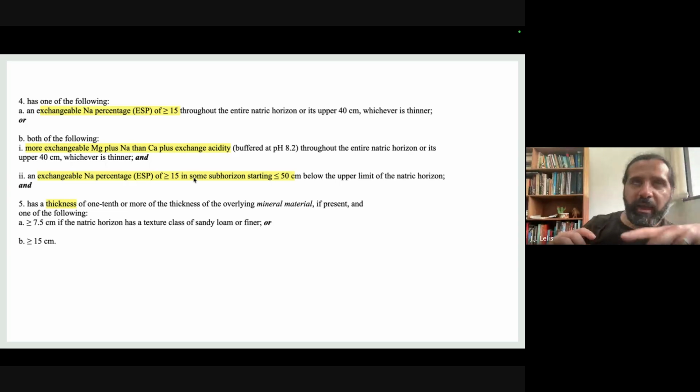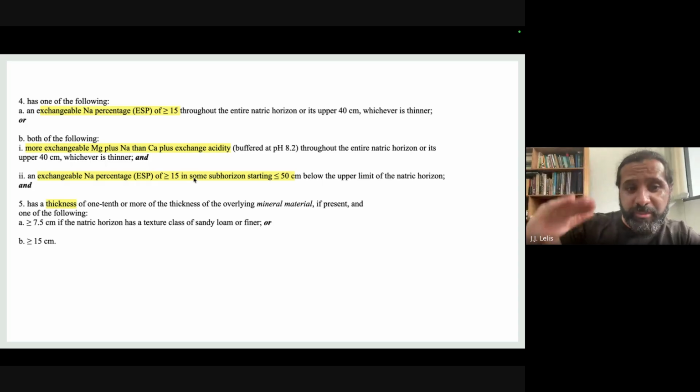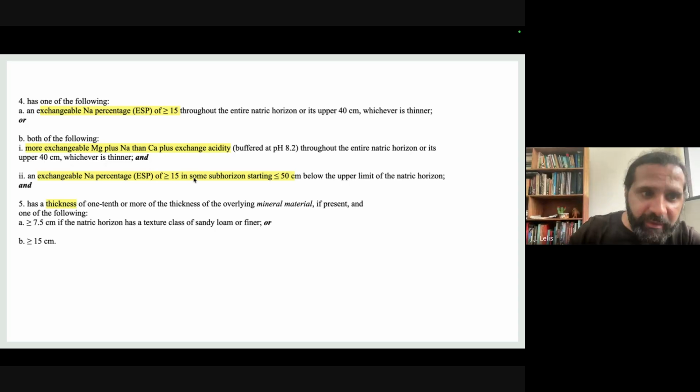If I can see, like, B1, B2, B3, one of them should register a minimum exchangeable sodium percentage equal or higher than 15%, okay? And of course, I need to consider that this 15% should be fulfilled in the first 50 centimeters, okay? And I need to register a minimum thickness. The minimum thickness here varies according to the texture of the natric horizon.